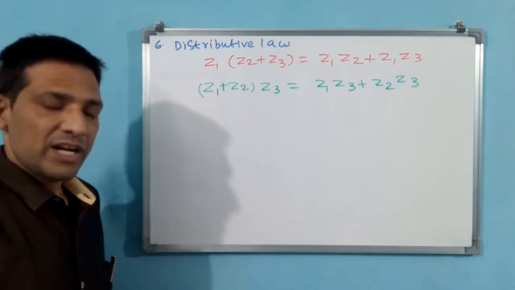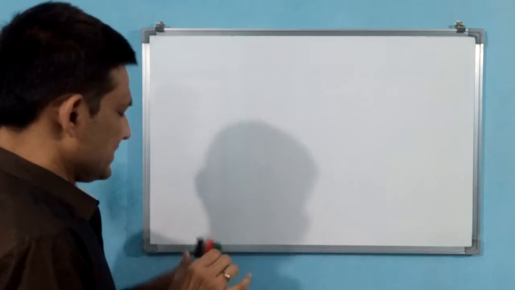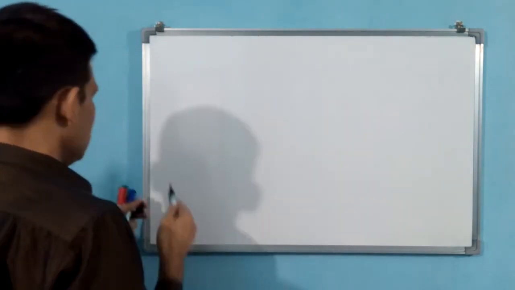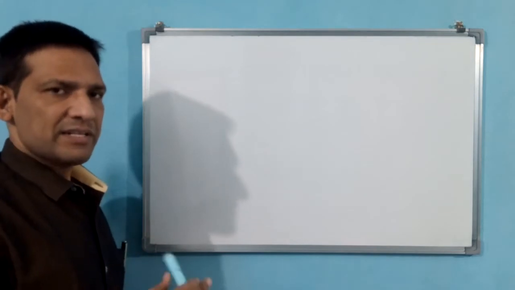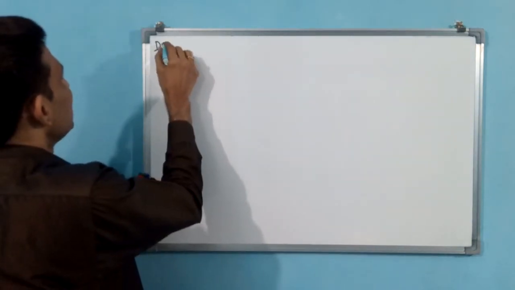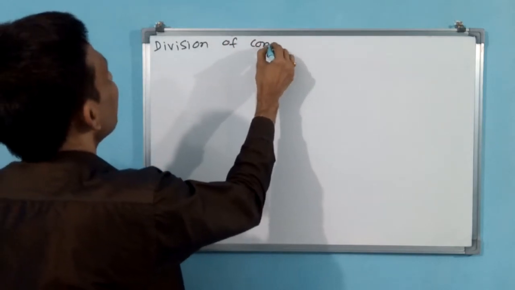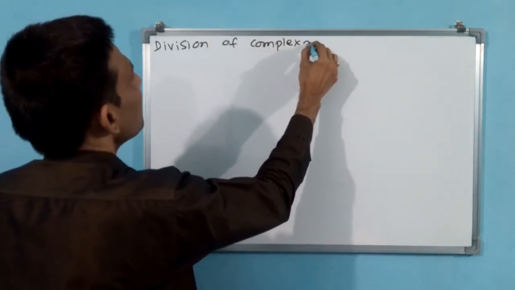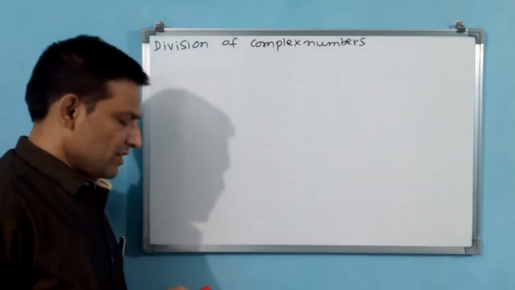Now we see division of complex numbers. Multiplication, addition, difference, multiplication, division. How are we going to write division of complex numbers?